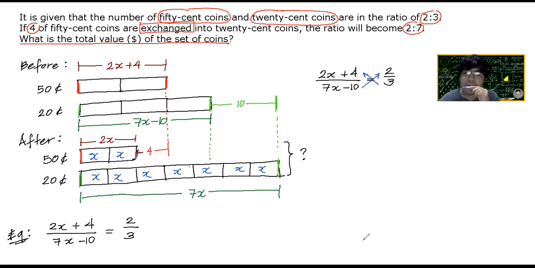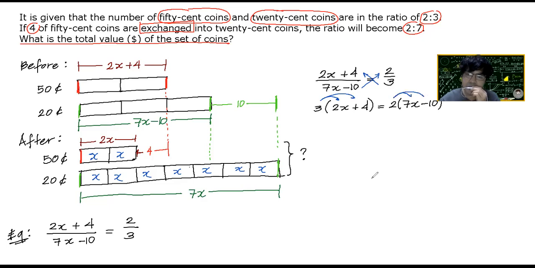Now, what will happen here? 3 multiplied by the quantity of 2x plus 4 equals 2 multiplied by the quantity of 7x minus 10. Again, if you use this solution, don't forget that we may be able to solve this by distributive property.